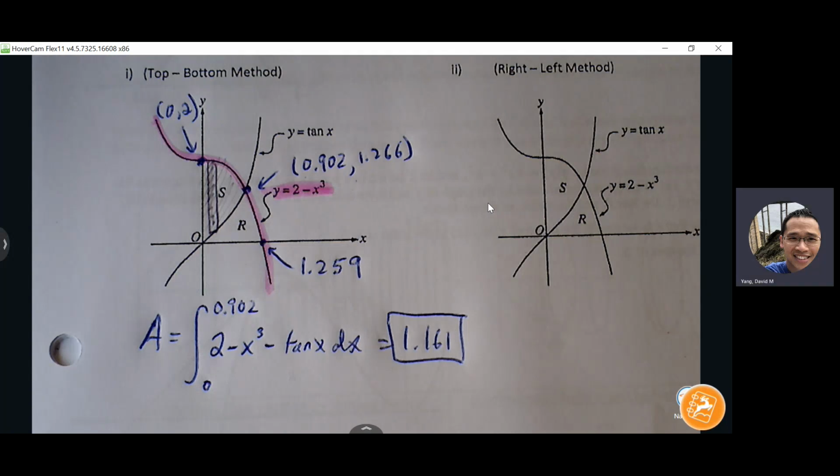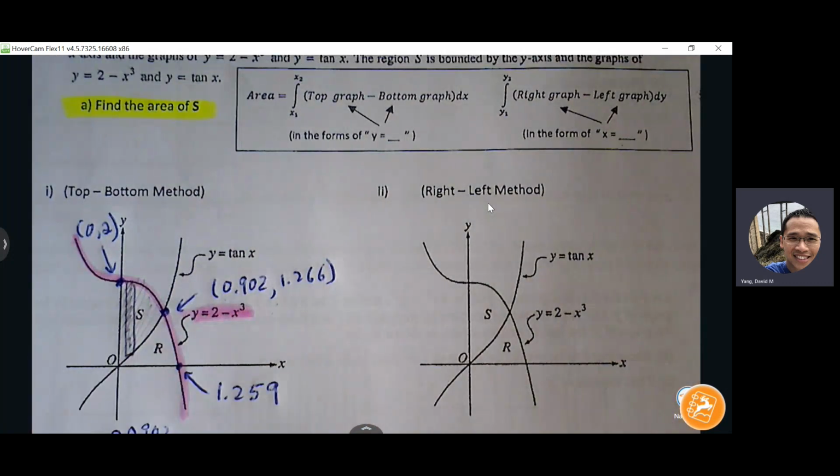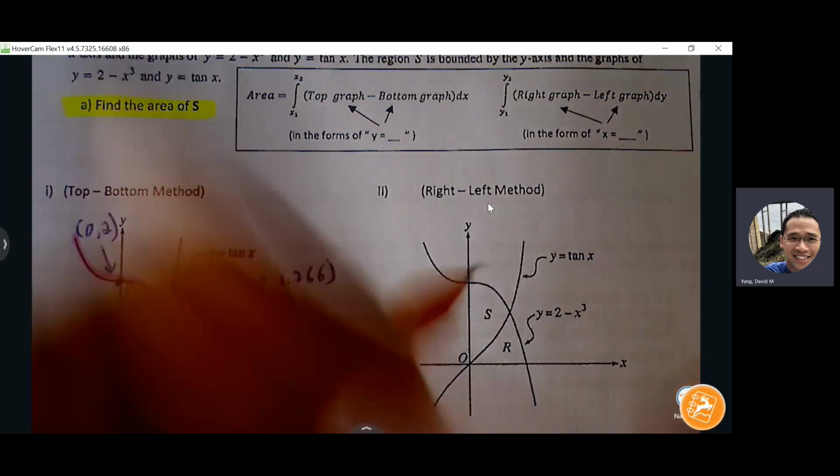Everything's already set up for us, but for practice purposes, I want us to find the area of region S, which will always still get us the same area value, but from a right minus left perspective. A lot less efficient, but it's good to practice and see all the things involved with right minus left. Sometimes a problem forces you into a right minus left situation, so it's good to practice that. So again, highlight region S.